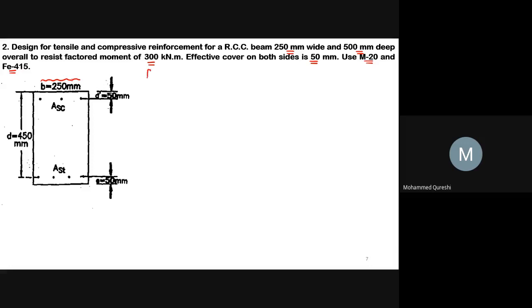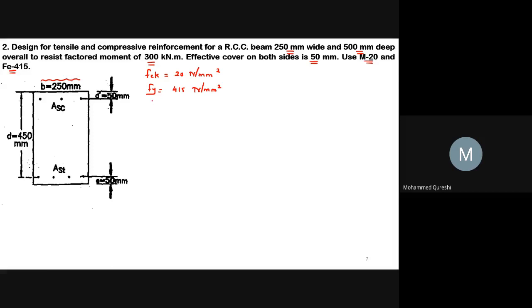So here we will just write the basic data. FCK is given as 20 Newton per mm square, and Fy is given as 415 Newton per mm square. And here 500 mm deep overall is given.